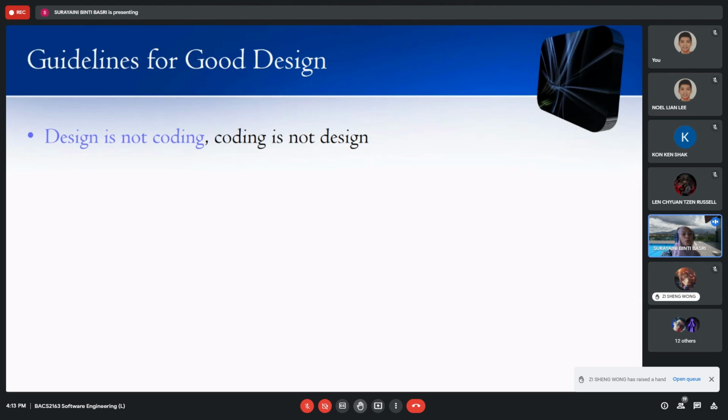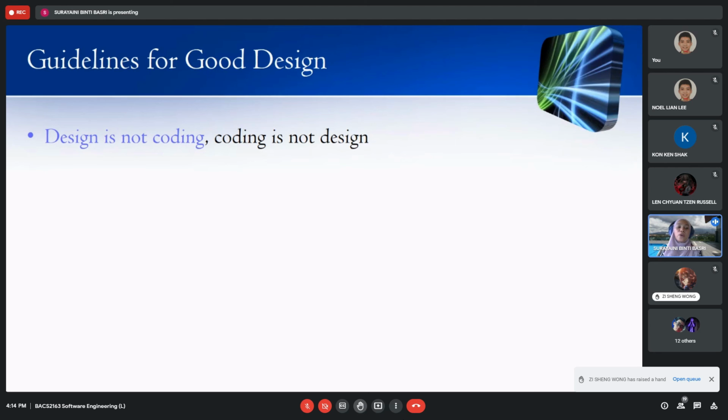So it will limit your design, although your design can actually be designed following MVC. Because of your limitation in coding, because you already think about the coding, you lose the logic. So that's why, when you do design, don't think about the coding first.